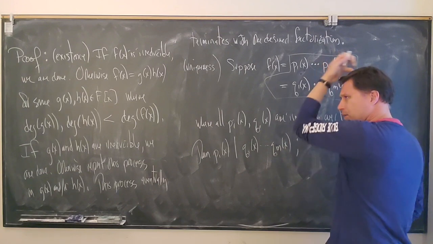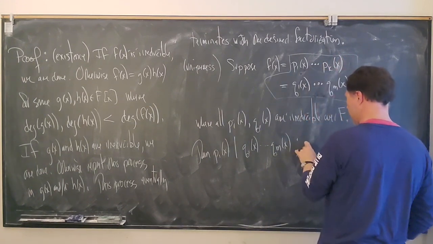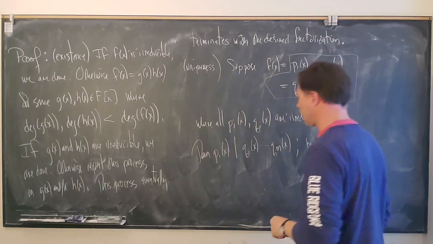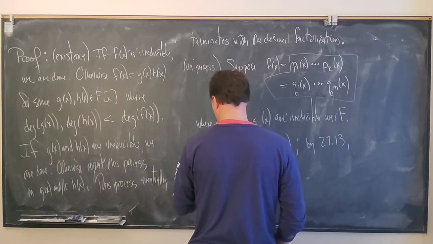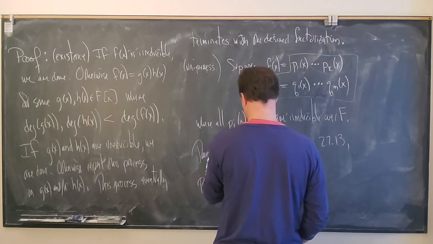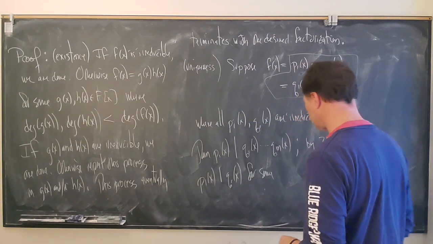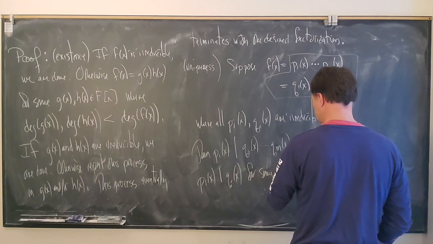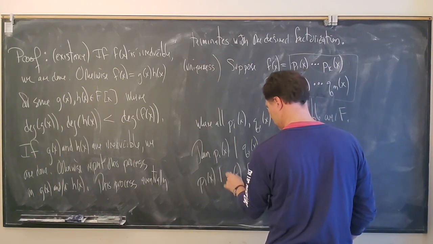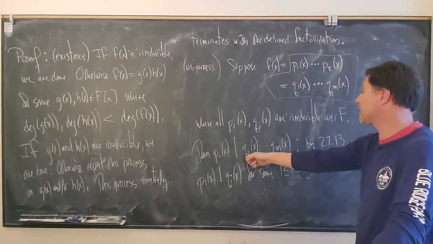And then by our previous corollary, so that would be, I think, 27.13, p1 of x divides q sub i of x for some i with 1 less than or equal to i less than or equal to m. All right, so p1 has to divide one of them.